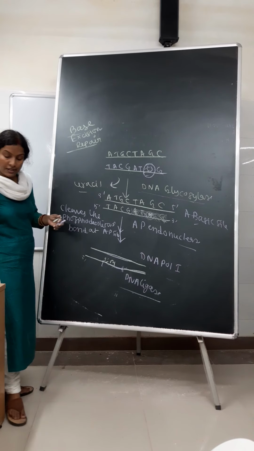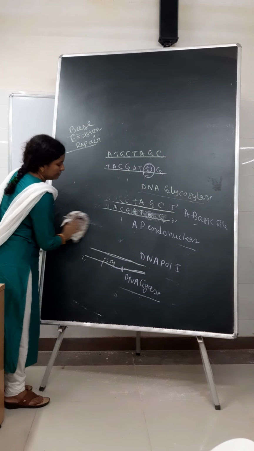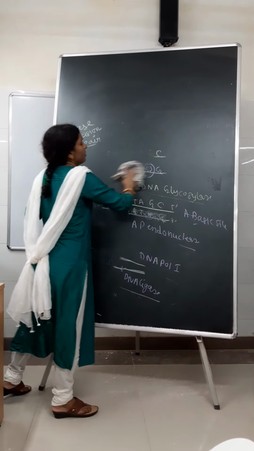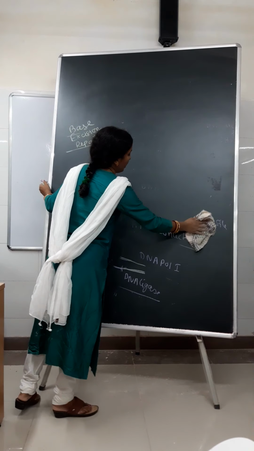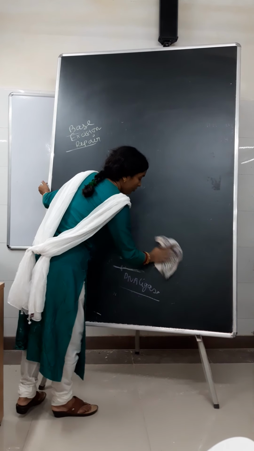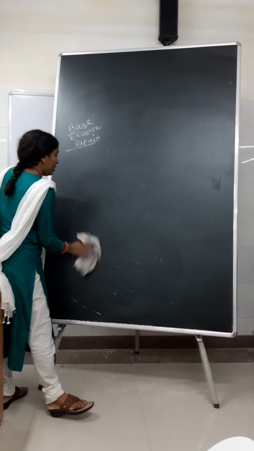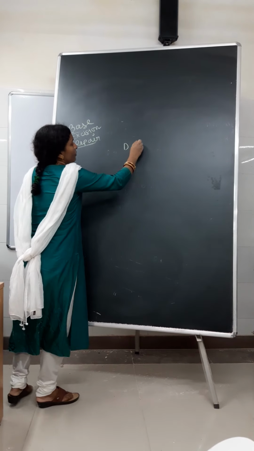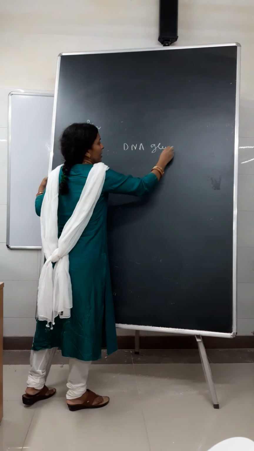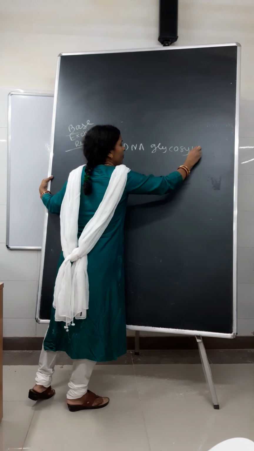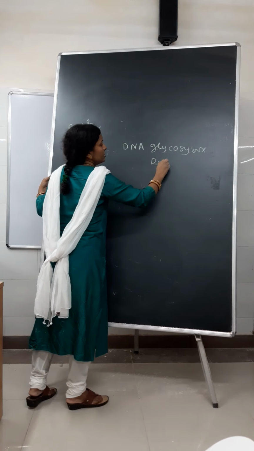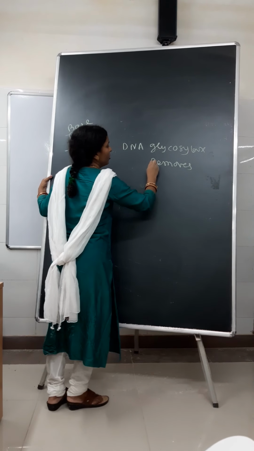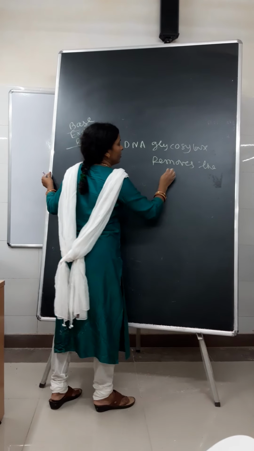So if I draw like this, see, 4 enzymes come in this figure. That is our DNA glycosylase, AP endonuclease, DNA polymerase 1, and DNA ligase. So what are the 4 enzymes? The first enzyme is DNA glycosylase. What is the function of DNA glycosylase? It removes the altered base.